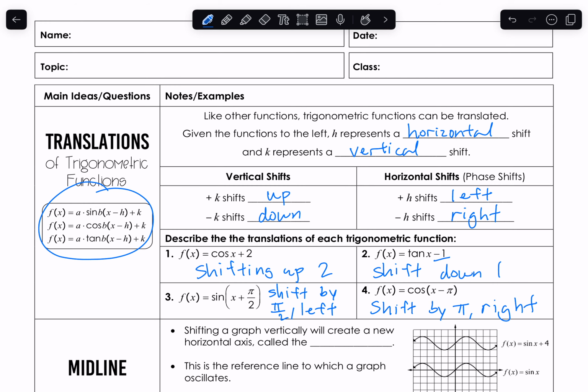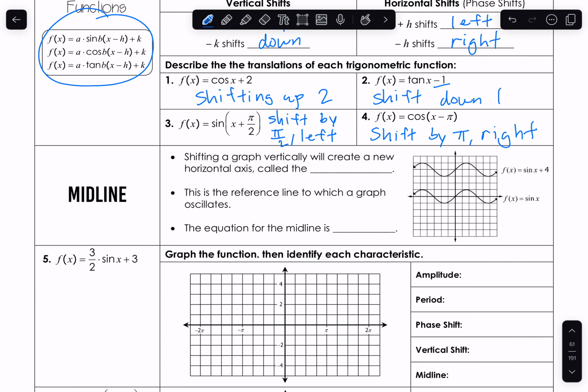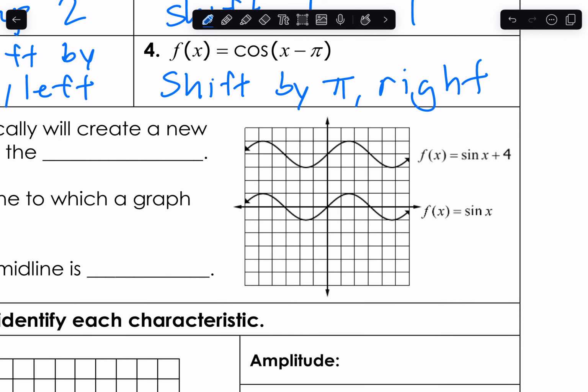Okay? Something we talked about in yesterday's lesson was this idea of the midline. The midline is just wherever the middle of the graph is. Normally, if you zoom in here, the midline is right on the x-axis. But when I do a vertical shift, my midline now changes.